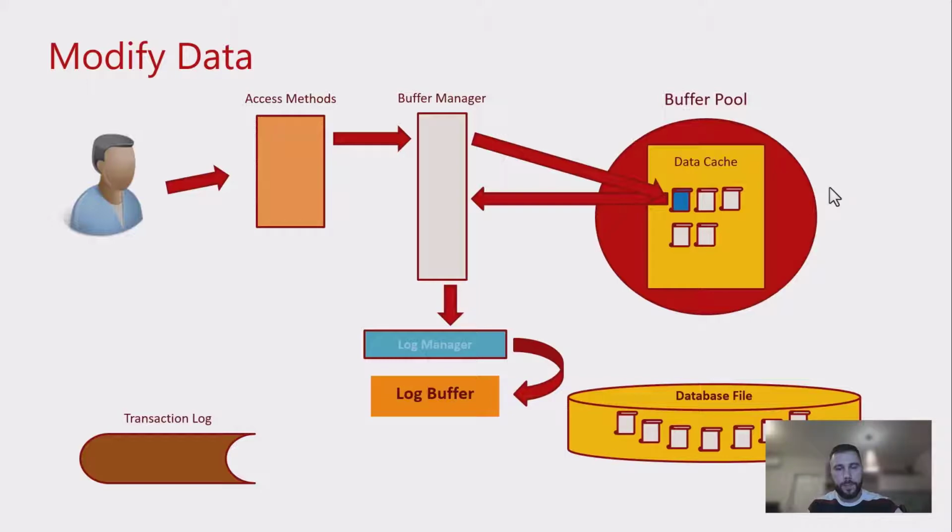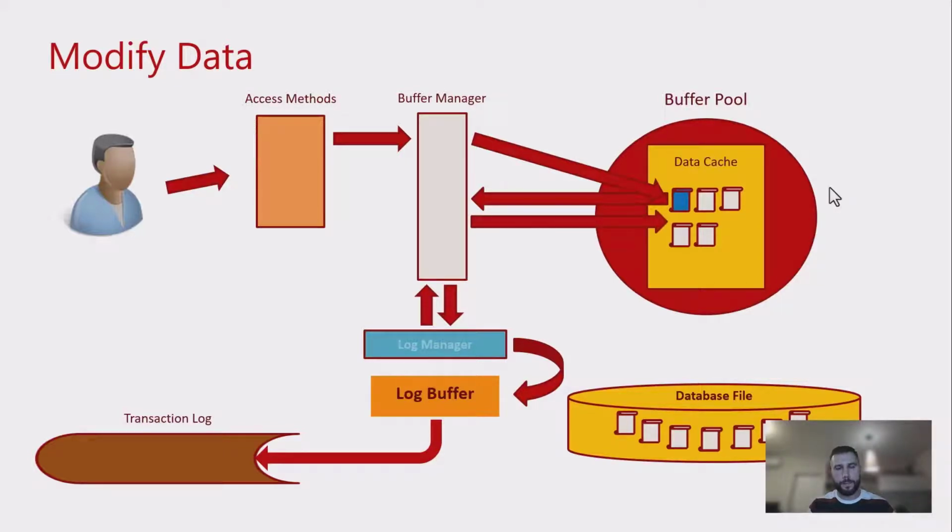For this purpose, the log manager writes the modified data to the log buffer, and when the transaction is finished, data from the log buffer goes to the transaction log, which is a persistent storage for the data. After that, confirmation goes back, and the data modification operation is considered finished only when the data is in the transaction log.